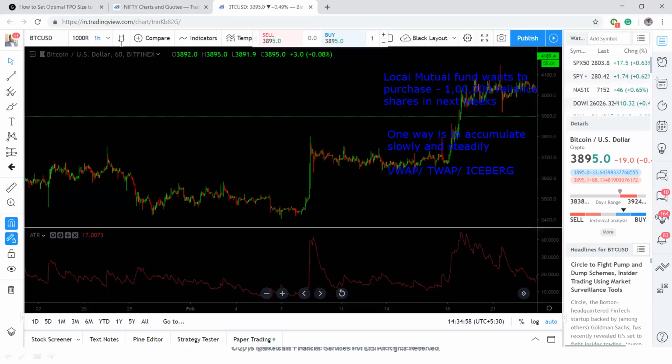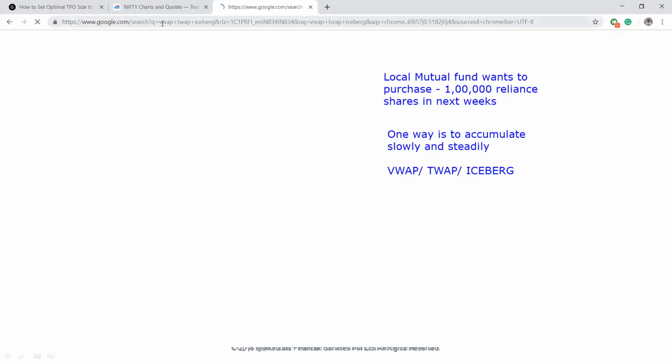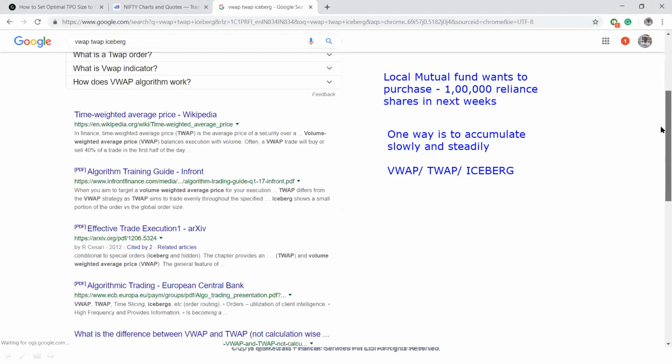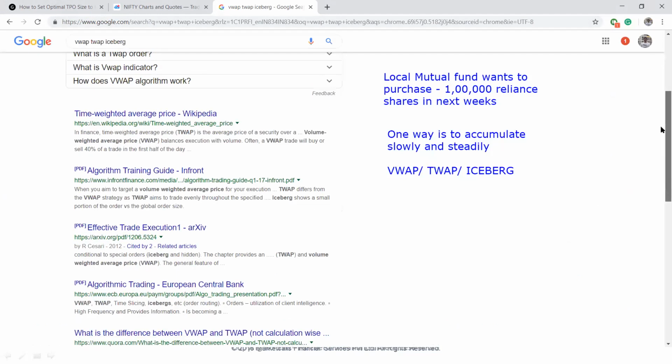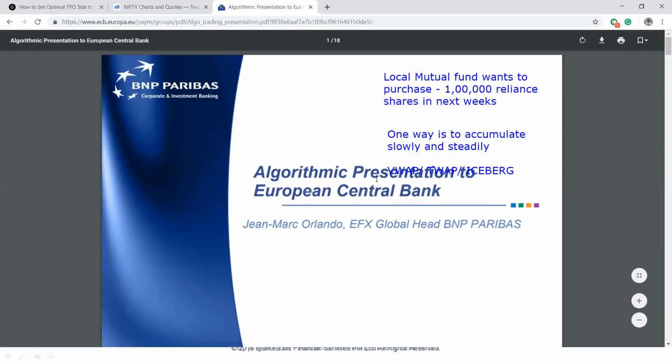Let me search it out for you: VWAP, TWAP, iceberg. There are many order types available for institutions, and there are a couple of slicing approaches.